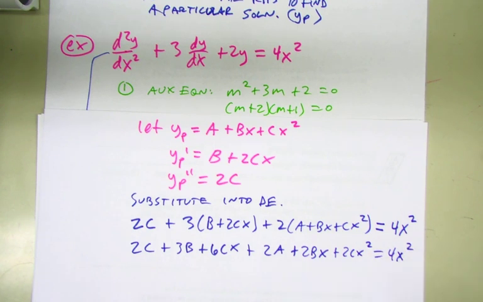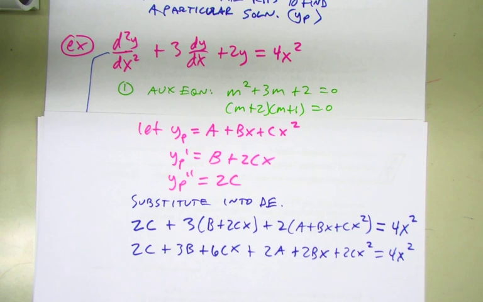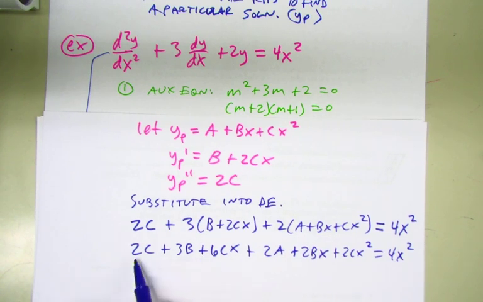And so now what I mean by comparing coefficients is that over here we have constants with no x's. Okay, and so that would be 2c, 3b, and 2a. So 2a plus 3b plus 2c, since we have no constants on the right-hand side, that has to give us 0.